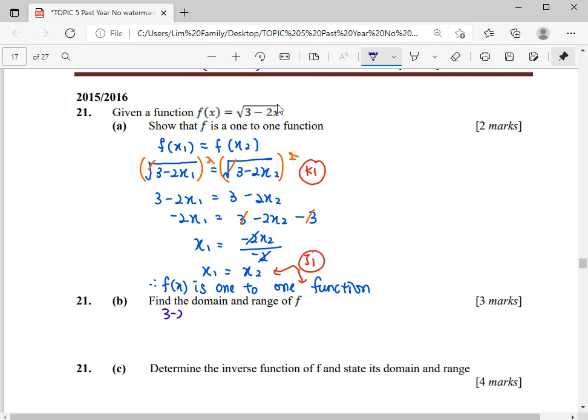Under the surd, it must be greater than or equal to 0. So we move the 3, then divide by negative 2. When we divide by negative 2, the inequality changes. Therefore, the domain of the function is x less than or equal to 3 over 2, which means negative infinity to 3 over 2.